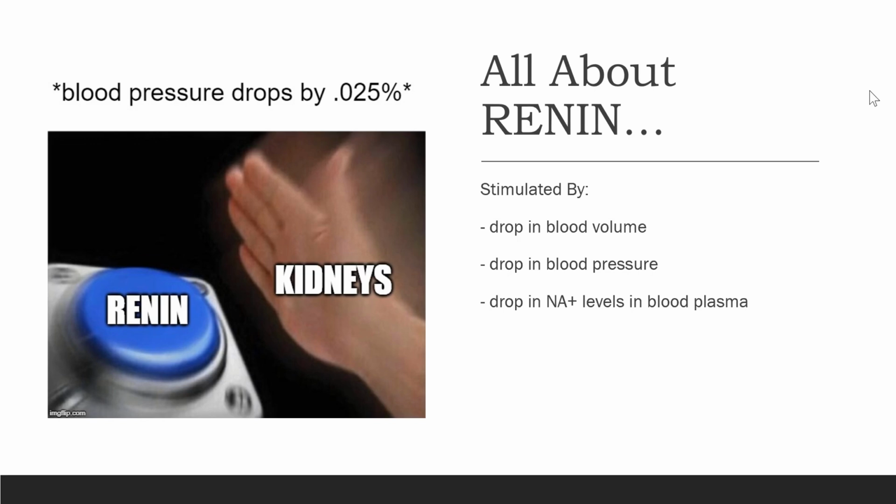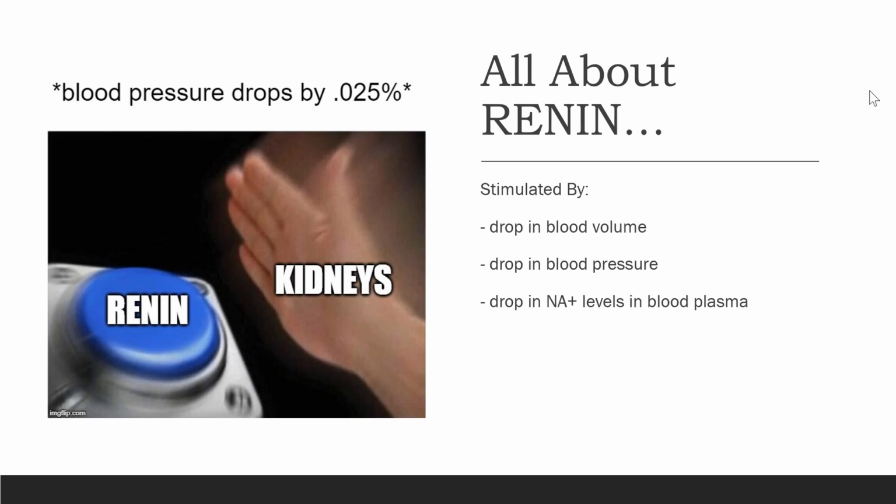We have to get that renin to be released so that we can start this chain reaction. Things that can stimulate renin are a drop in blood volume, which means we're losing the content of our blood, like blood fluids, right?